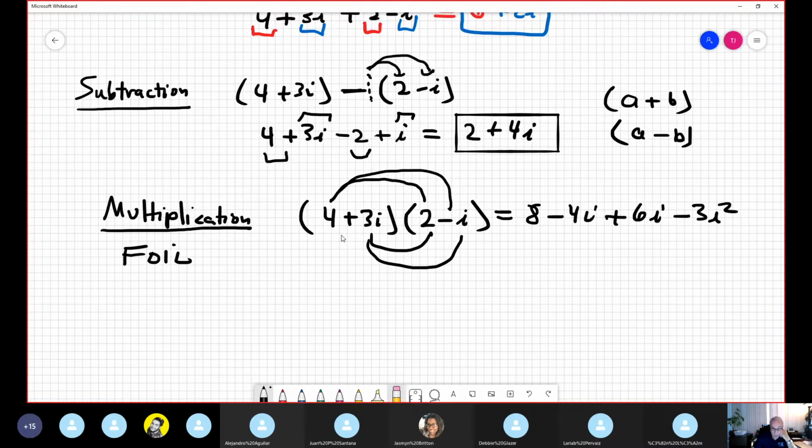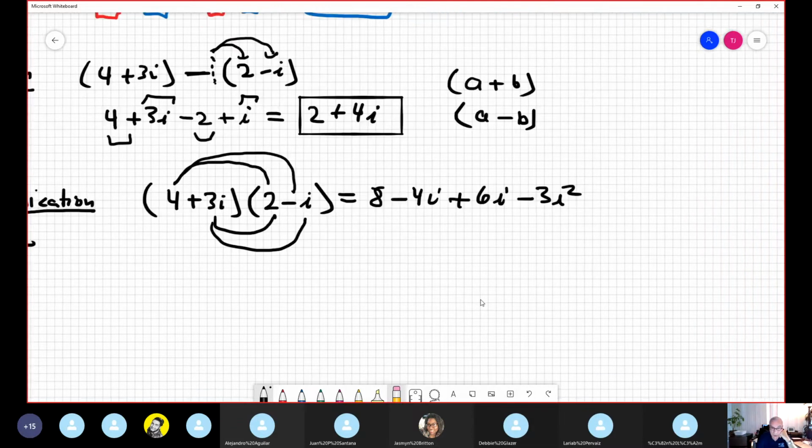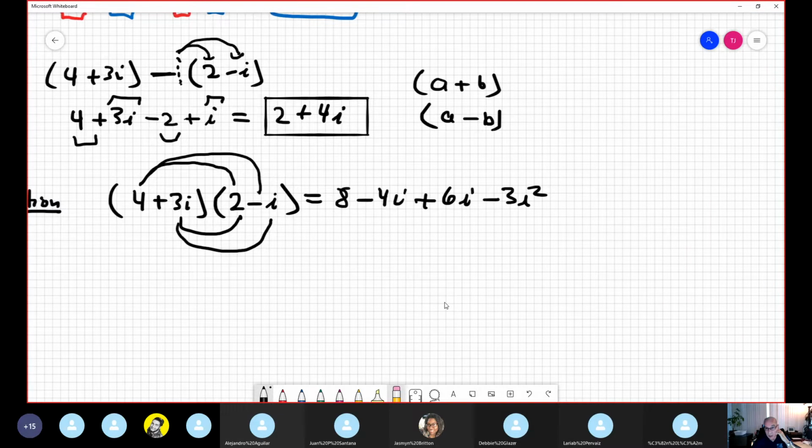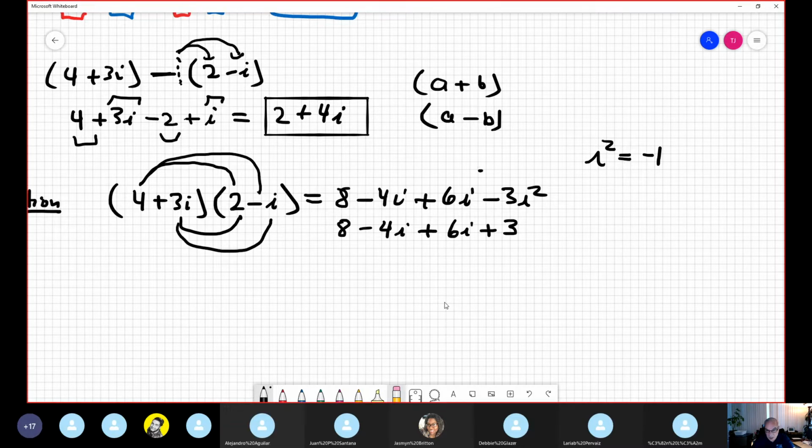Okay, I'll leave it like that, no? No. First of all, I can see i squared, and you never leave it like that, because I know very well that i squared is minus 1. So you replace i squared with minus 1. You have again minus 4i plus 6i plus 3. Because it's double minus: actually it's minus 3 and this is minus 1. Double negative becomes positive.